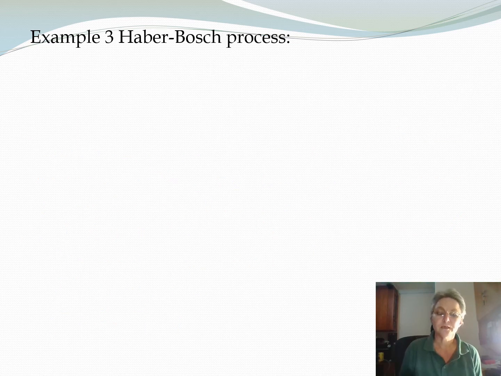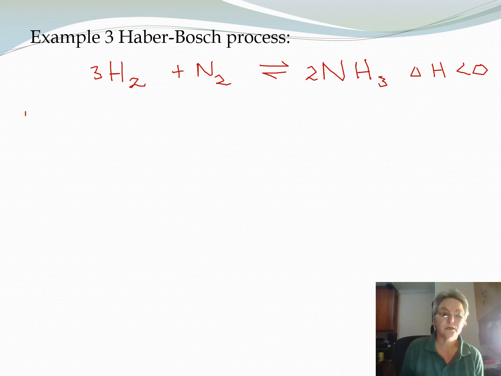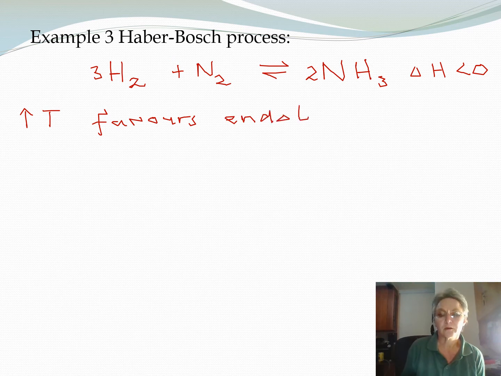Example 3 discusses the Haber-Bosch process. Now we know that the reaction between hydrogen and nitrogen to produce ammonia is exothermic. So an increase in temperature favors the endothermic reaction.